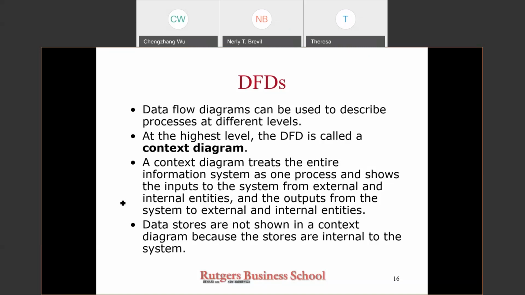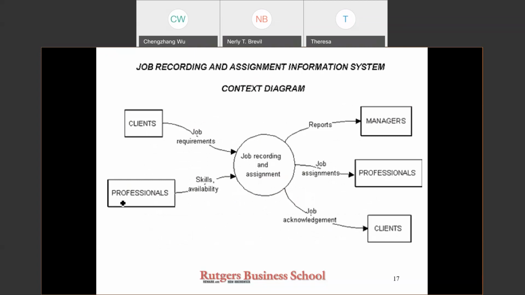Data stores are not shown in the context diagram because stores are internal to the system. This is an example of context diagram.